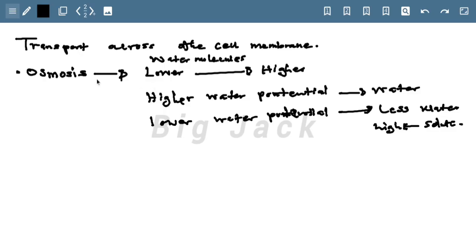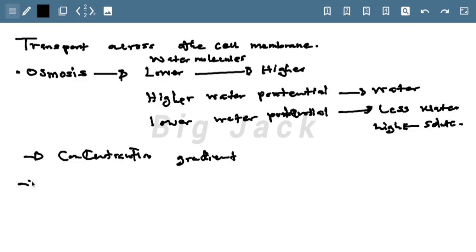So you can define it as the movement of water molecules from the region of lower concentration to the region of higher concentration across the cell membrane. The condition for osmosis to occur is that a concentration gradient should exist. Concentration gradient refers to the difference in concentration between two regions.